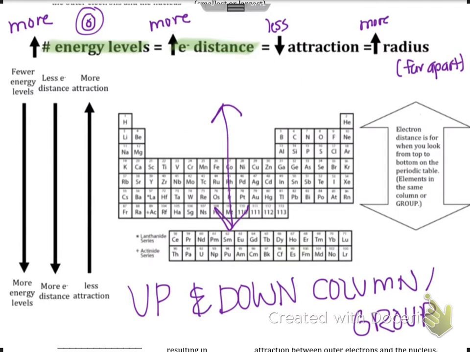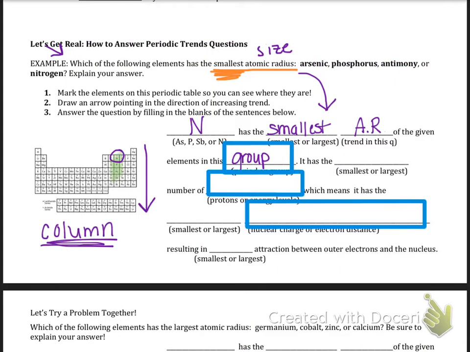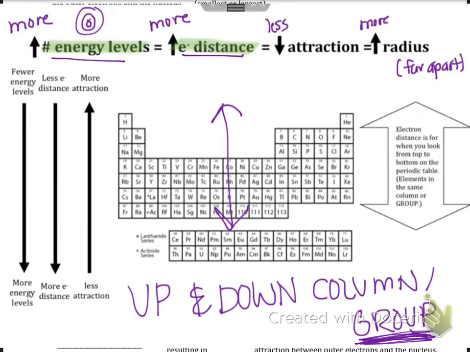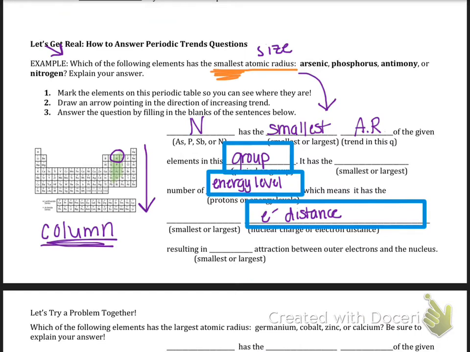Remember that we talked about in our notes that when we have a group, these are the 2 most important words in our periodic table trend. So you're going to put the word energy level here, and you're going to put electron distance here. Once again, this is from your previous notes. Those are the two most important words when we're talking about a group. So these three must match together: group, energy level, and electron distance.